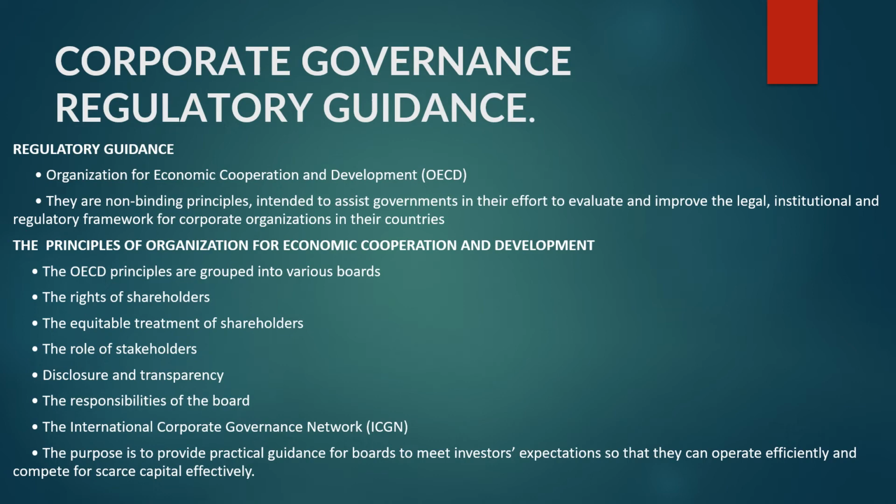The purpose is to provide practical guidance for boards to meet investors' expectations so that they can operate efficiently and compete for scarce capital effectively, which means efficiency is highly needed in order to compete for scarce capital effectively.